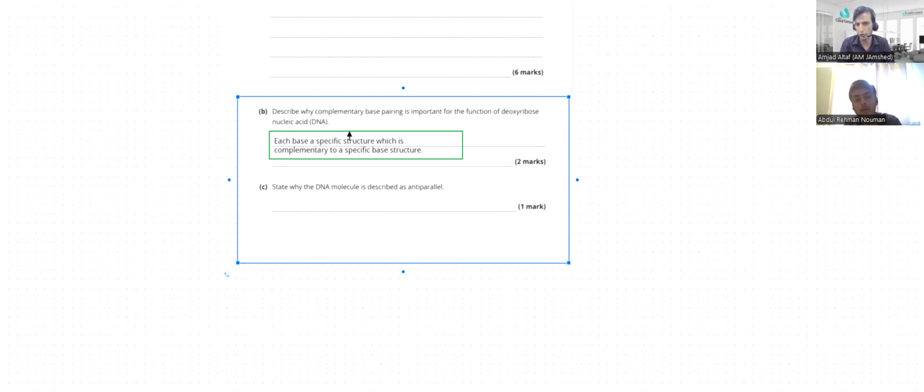You need to add 2 points. You should think in the sense of transcription and translation. What's the function of DNA? The function of DNA is to be transcribed and then translated, through messenger RNA. So these base pairings will help in transcription and translation. In what sense? This is what you need to elaborate here.